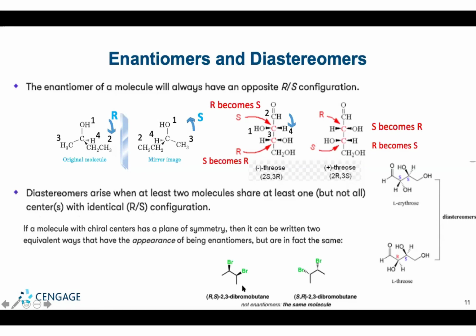But if you start numbering from right to left, you're going to have opposite configuration, right? S and R, 2,3-dibromobutane. But it's totally the same, guys. So you can start numbering from the left side or right side, so both are going to be the same.